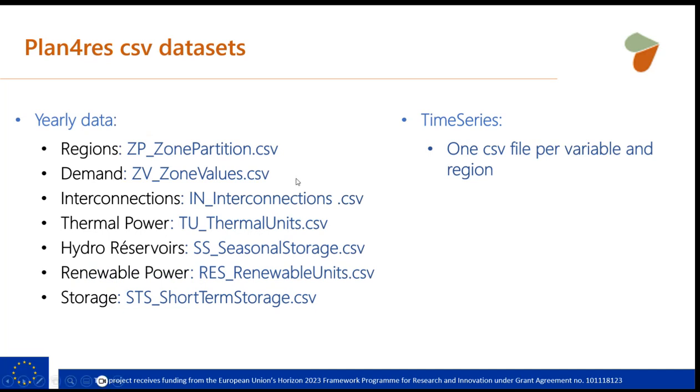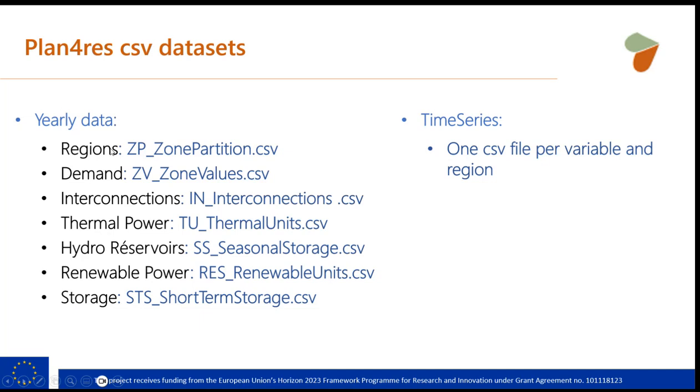In terms of datasets, for the yearly data, which are stored in the CSV Simul or CSV Invest directories, you will find those 7 different CSV files defining all the different categories of data.